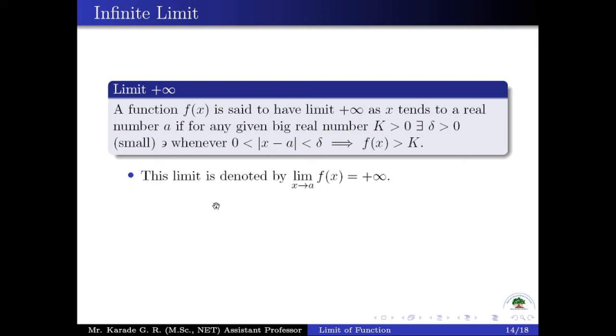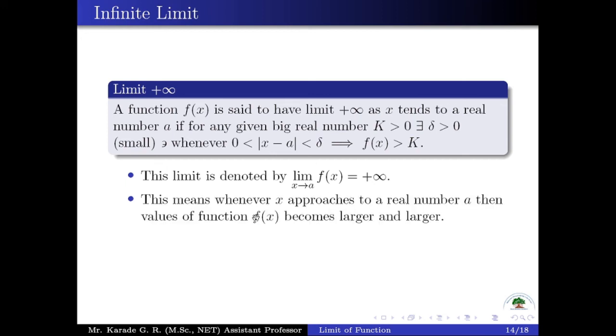This limit is denoted by limit of f of x equal to plus infinity as x tends to a. Here again, this means whenever x approaches a real number a, the values of function f of x become larger and larger. That is very important. See one example of such type of limit. The limit of tan x function is plus infinity when x approaches pi by 2.